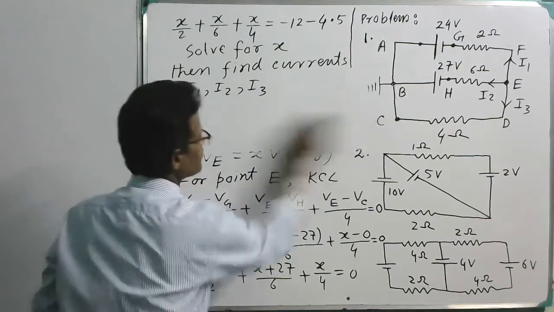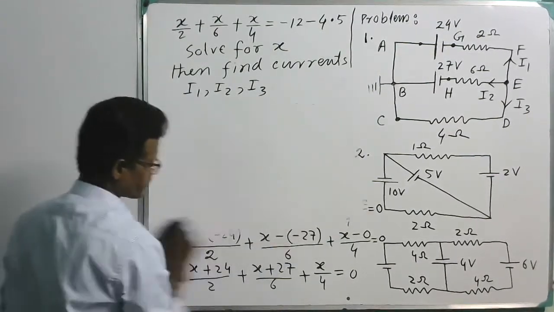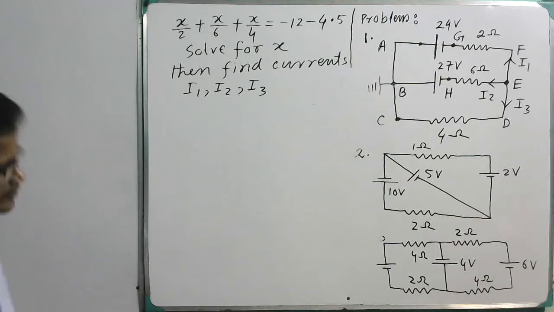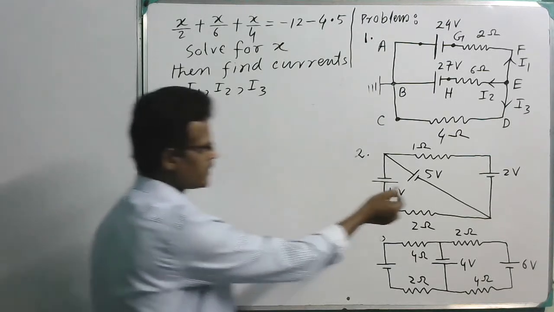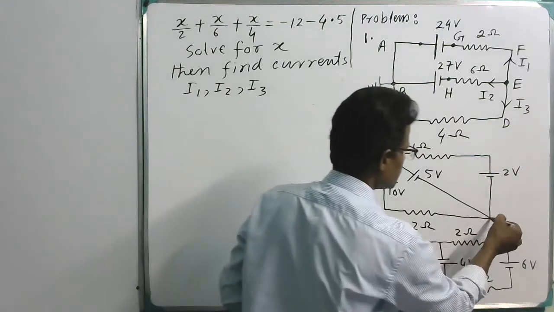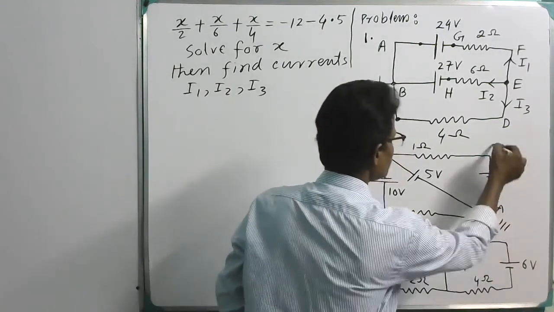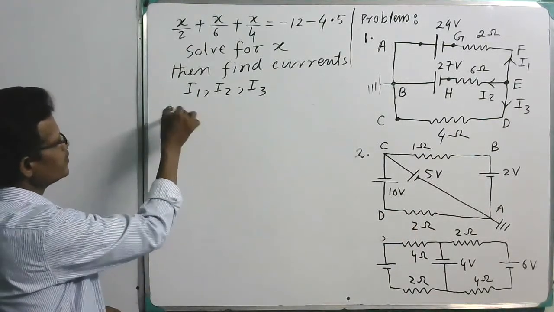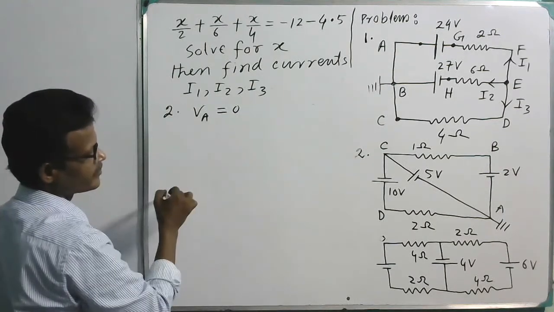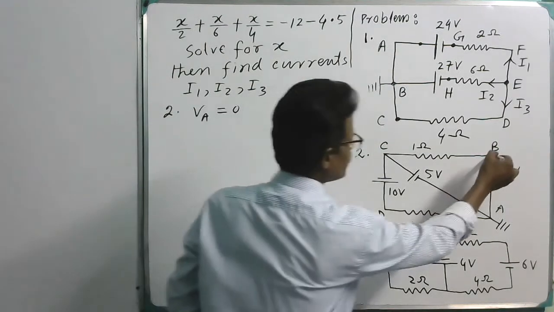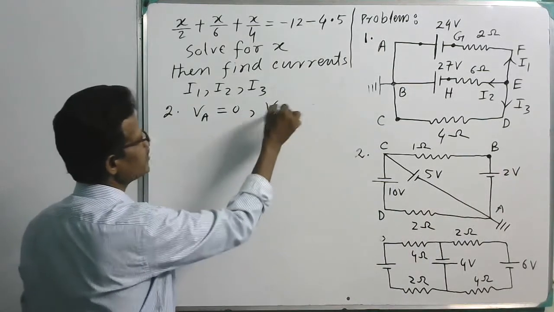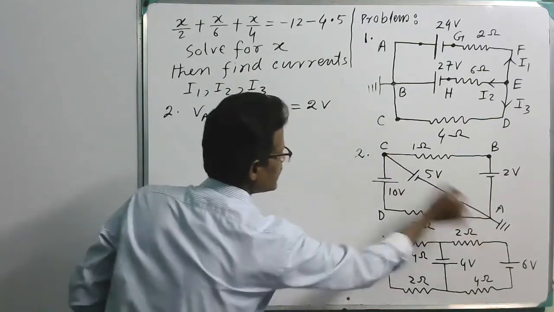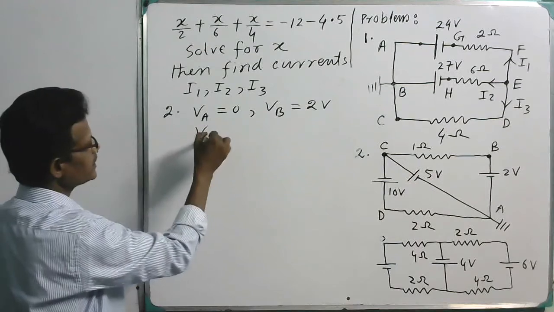So just let me explain the second problem. See, suppose this is the reference node, A, B, C, D. So for this problem, say VA equal to 0 volt, then this point B, VB equal to 2 volt, VC here is 5 volt.